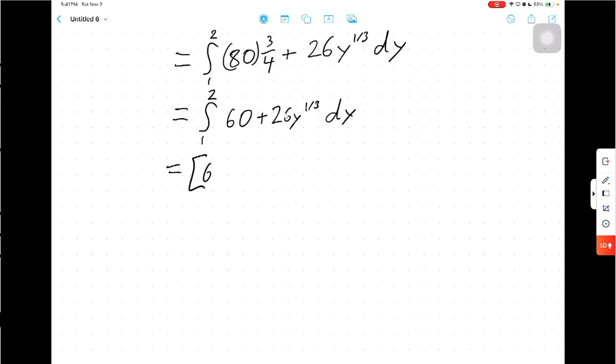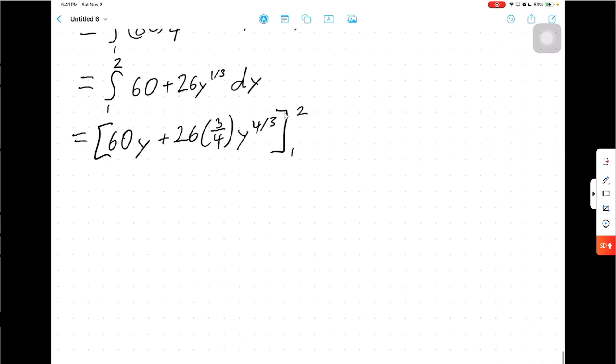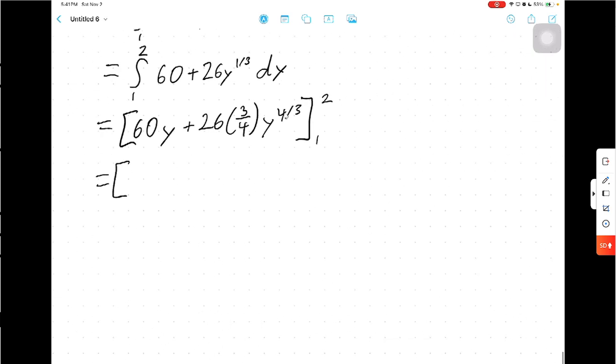Which is equal to 60y plus, and then this is going to be 26 times 3/4 y to the 4/3 evaluated from 1 to 2. Which is equal to 120 plus 26 times 3 is 78, over 4.